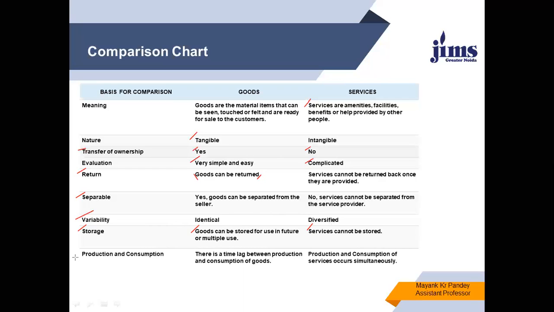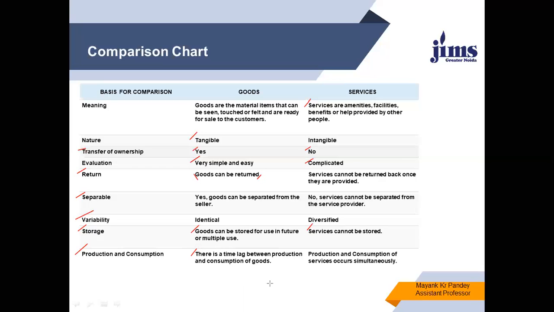And the last basis of difference is production and consumption. On the basis of production and consumption, we can also differentiate goods and services. As far as goods are concerned, there is a time lag between production and consumption. Why? Because production takes place at one end in a factory, while consumption takes place at another end, at the end of the consumer.